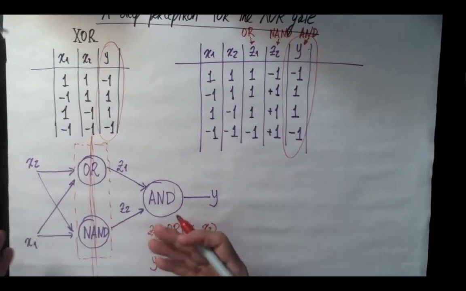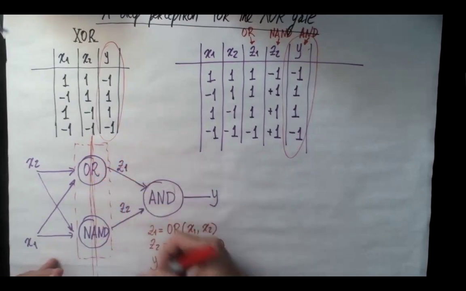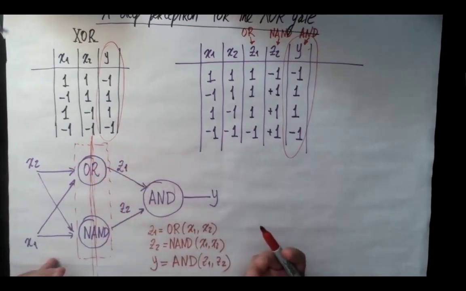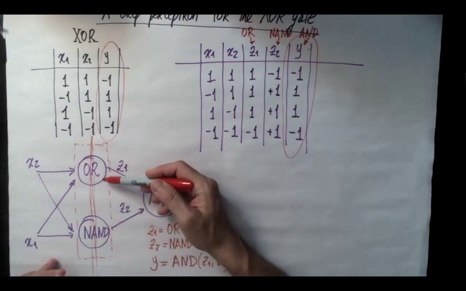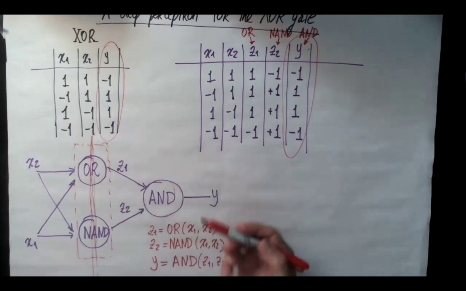But we also know that each of these Boolean gates can be formulated as a linear perceptron. What does that mean?